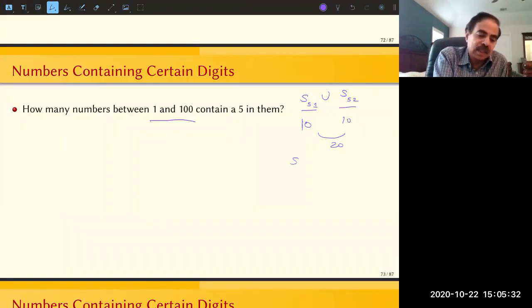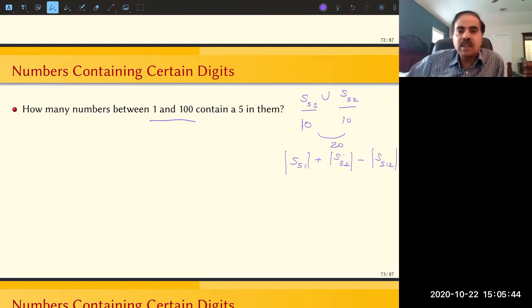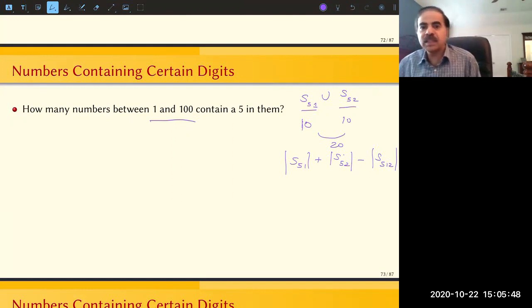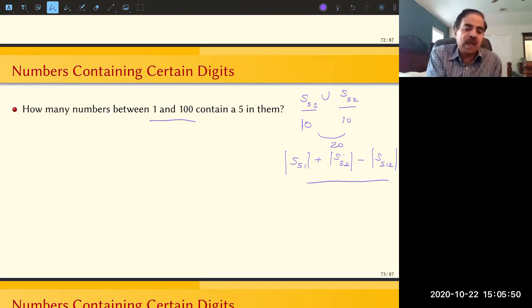So what we needed to do is S1 plus S2 minus the numbers that have a 5 in both digits, because those are being double counted. If we apply the inclusion-exclusion principle, that tells us the number is 19.